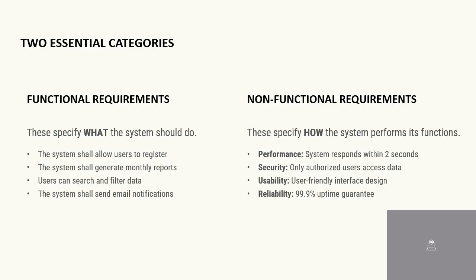Functional requirements, as the name implies, describe what the system should do. For example, the system should allow users to register. The system should generate reports. Users should be able to search data, etc.